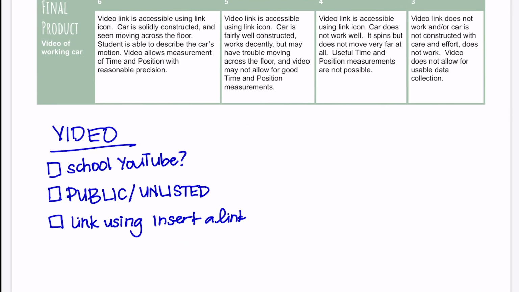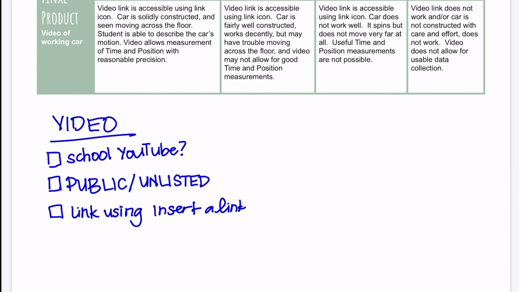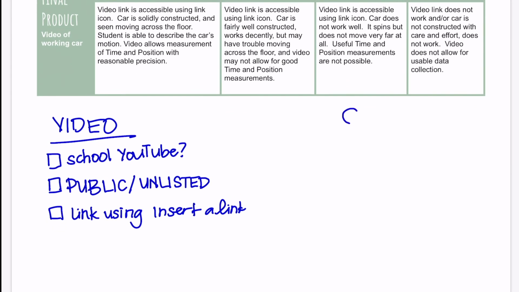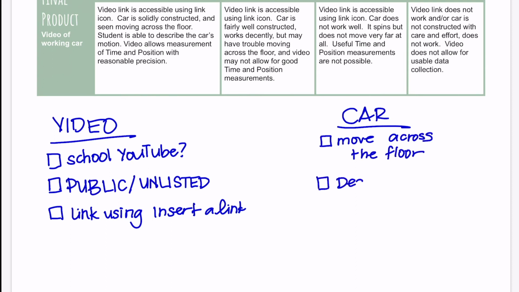For the car part, did the car move across the floor? And were you able to describe the motion correctly? Whether you were doing part one or part two, did you talk about the car's motion correctly?